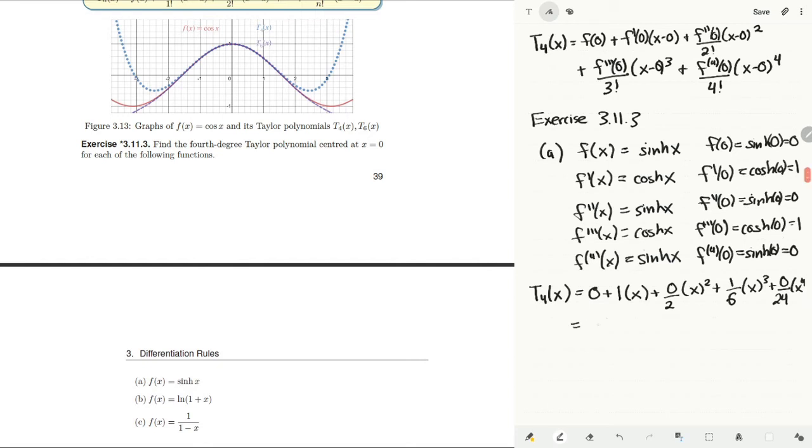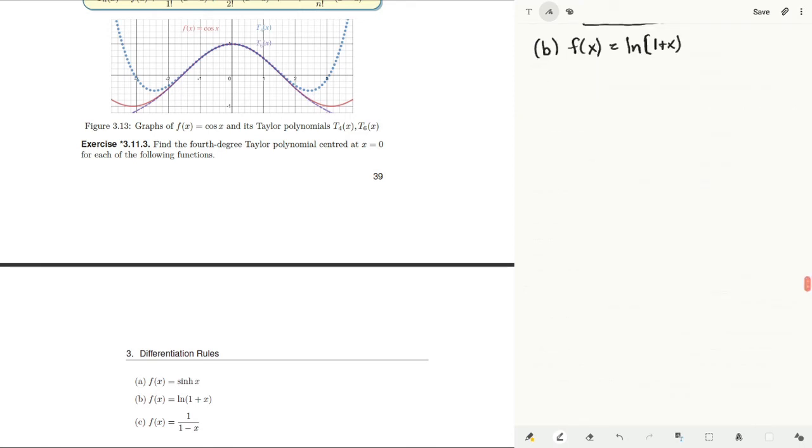And so simplifying, we end up with x plus 1/6 x cubed as our Taylor polynomial.